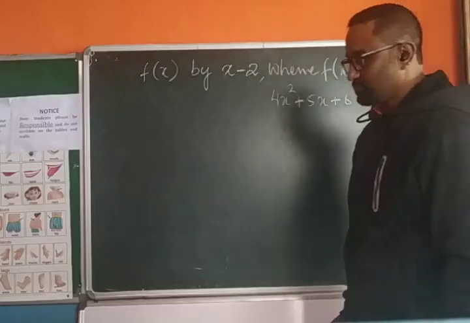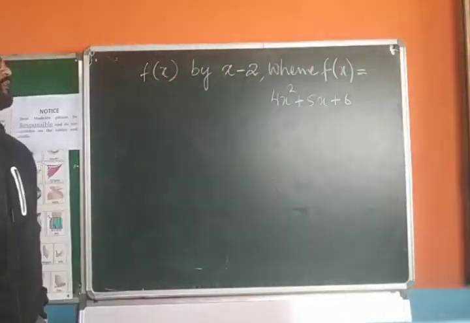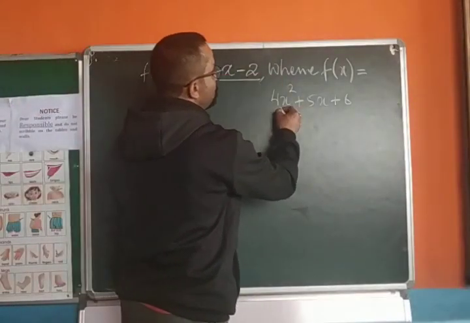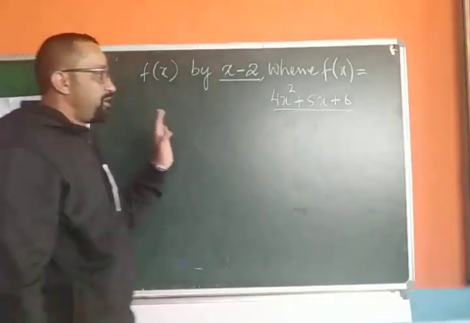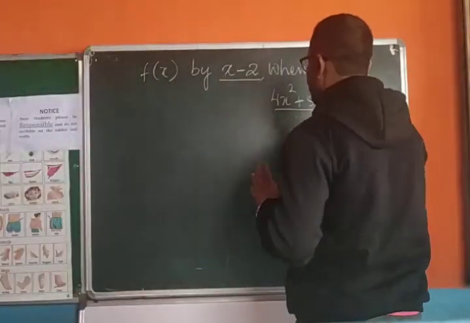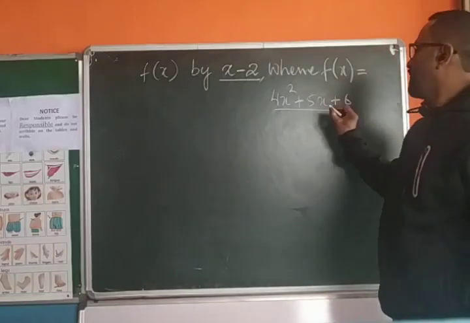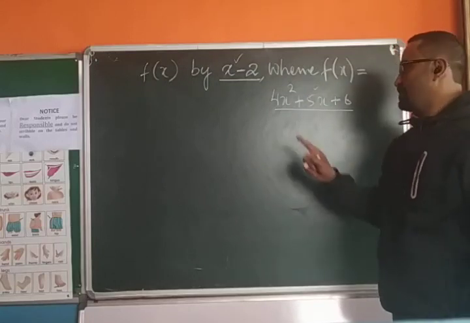Look at the given sum. I told you there will be two equations. You should be able to find which one is the long one and which one is the short equation. By looking at these two, we can easily figure out.